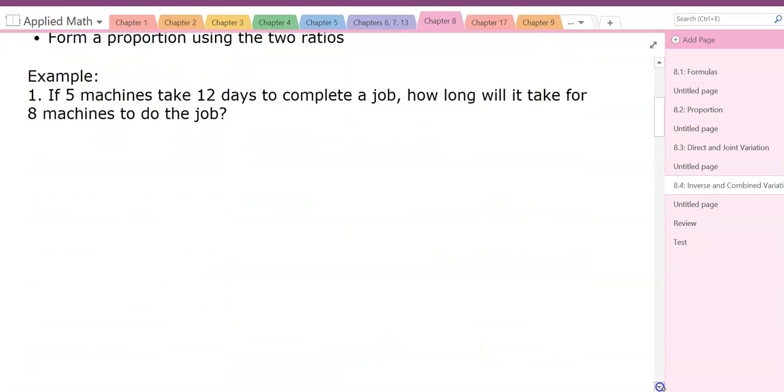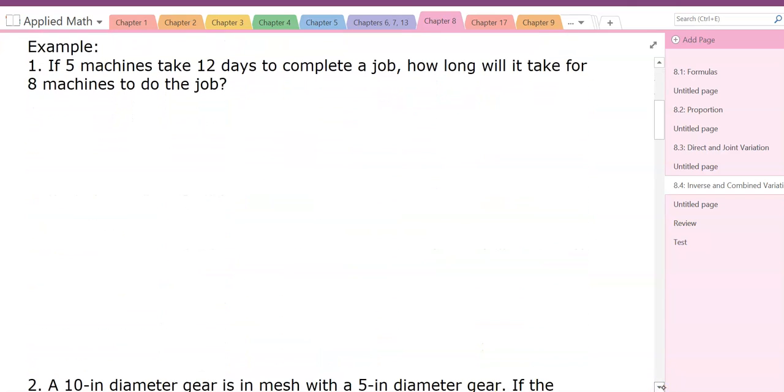This first one says, if 5 machines take 12 days to complete a job, how long will it take for 8 machines to do the job? So unlike what we would have done in section 3, where we put the machines on top and the time it took to do the job, these are inverse now.